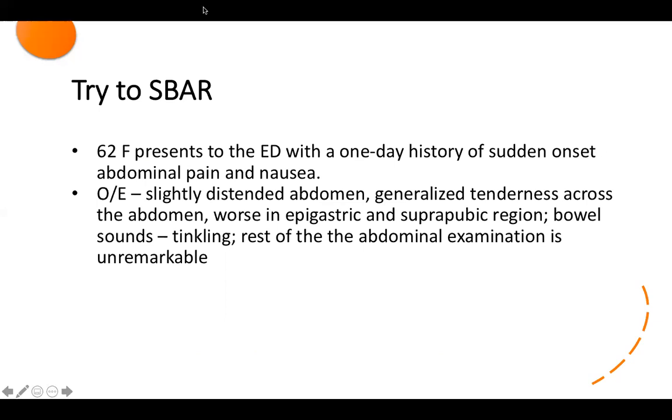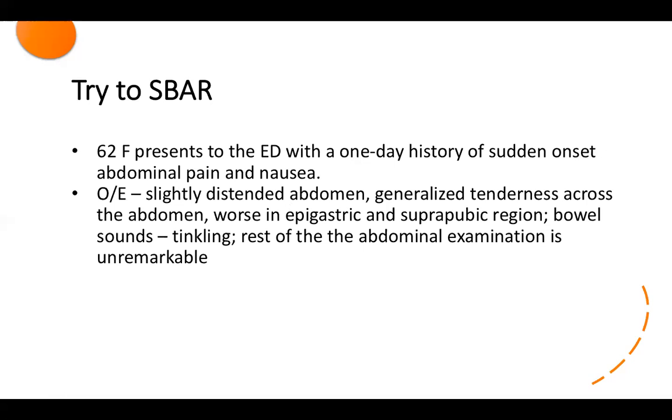Okay. That's fine. So if you had to present this, you'd say the situation is you have a 62-year-old female who's come in with a 1-day history of sudden onset abdominal pain and nausea. There's no relevant background history here, so you can say no relevant background history or medical conditions that you know of. On examining her, you notice that her abdomen is slightly distended.